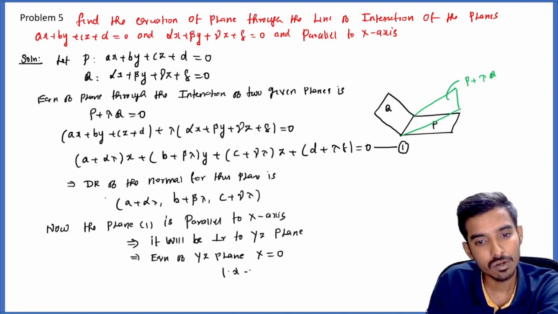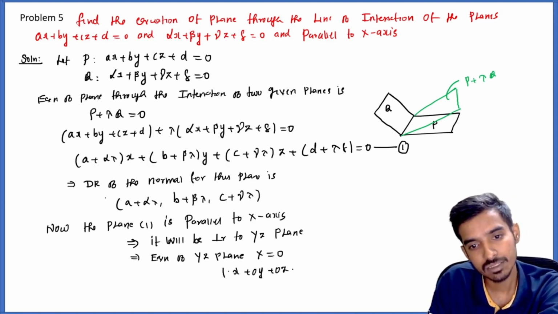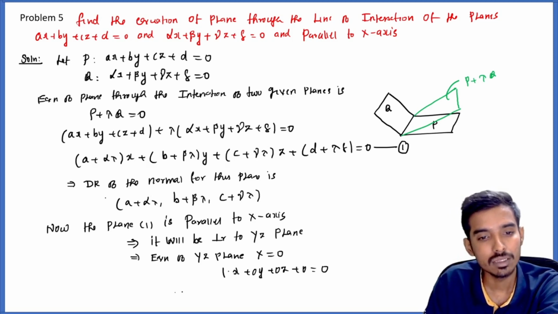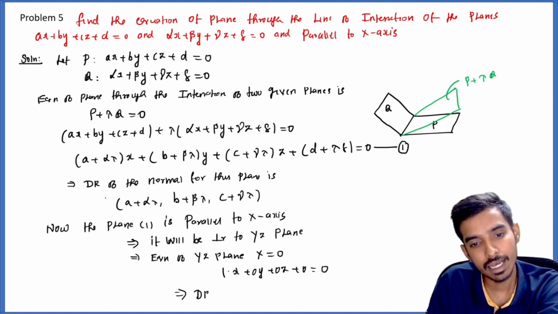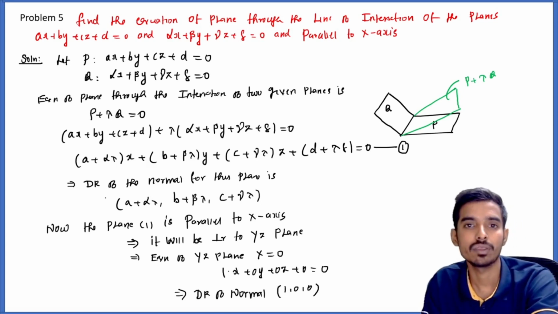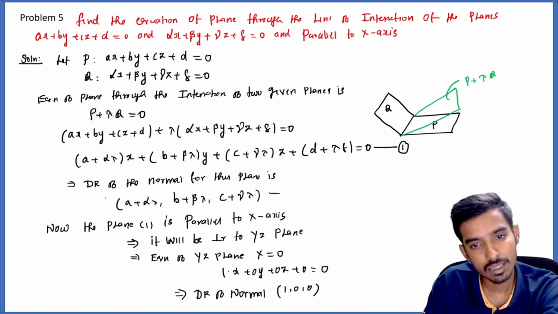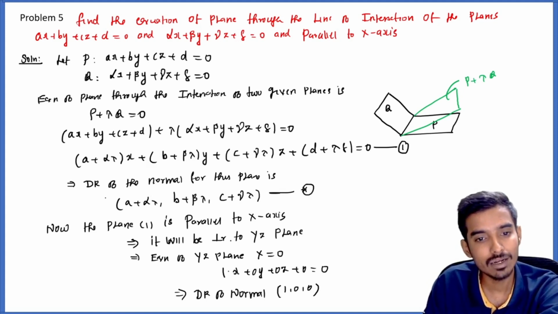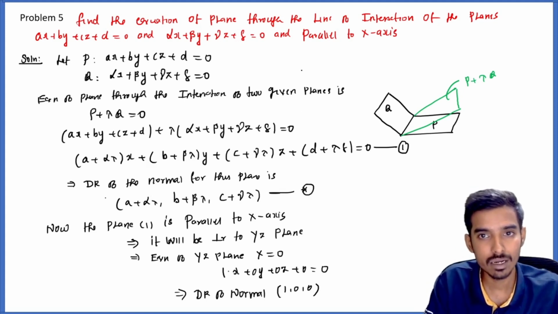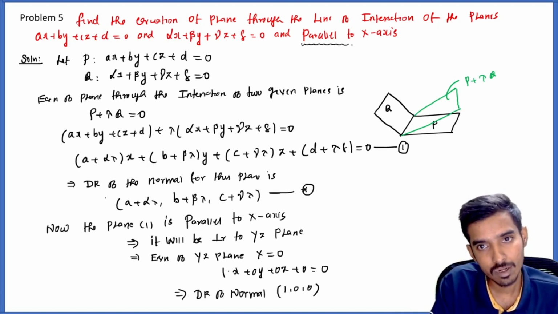That means 1 into x plus 0 into y plus 0 into z plus 0 is equal to 0. This implies the direction ratio of the normal for this plane is 1, 0, 0, right? That means these two are perpendicular. So parallel to the x-axis is the same as perpendicular to the yz plane.